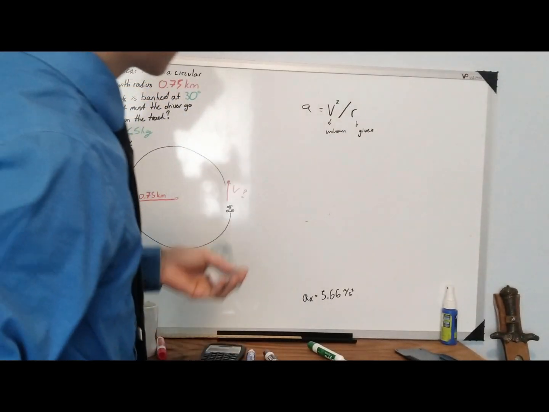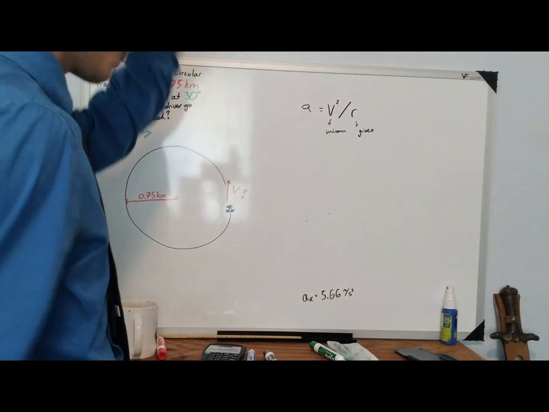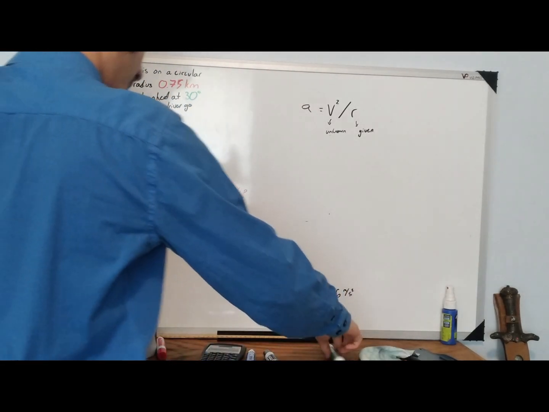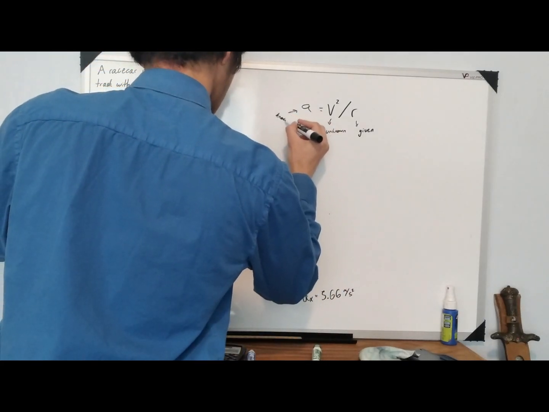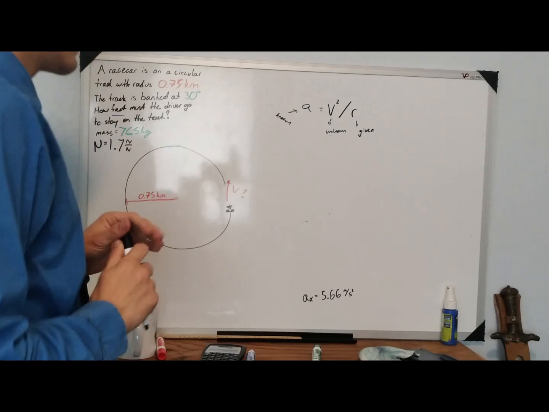And it ends where we began. a is equal to v squared over r. We have a known, an unknown, and a given.